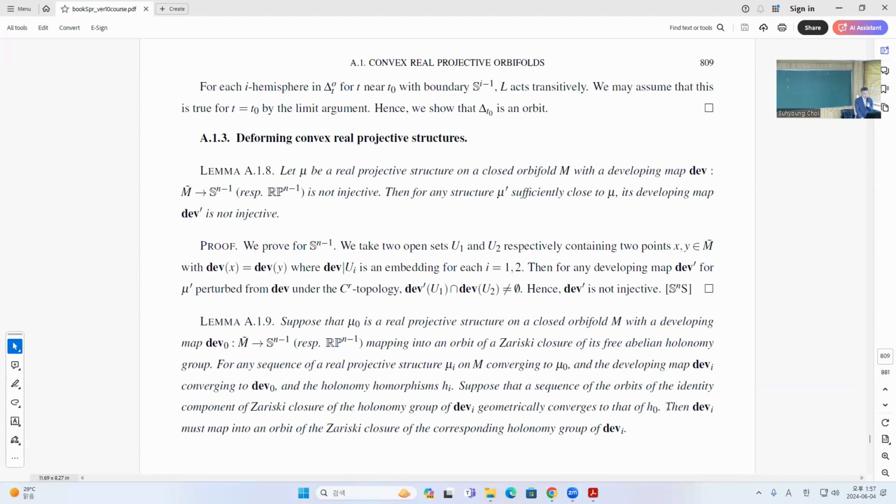Suppose that happens, then dev_t will also go into the identity component of the Zariski closure of the corresponding holonomy group.